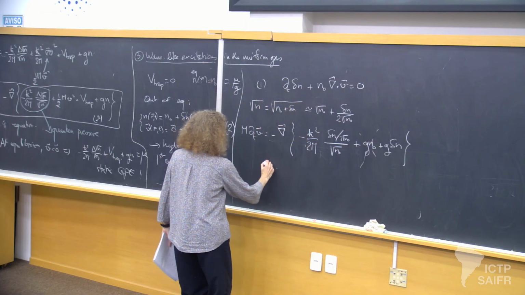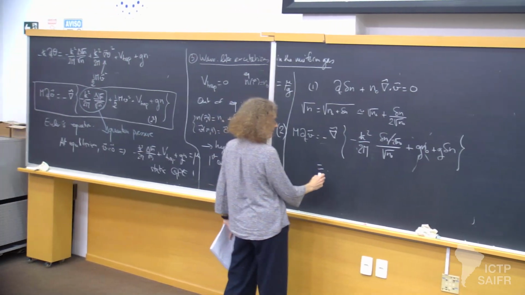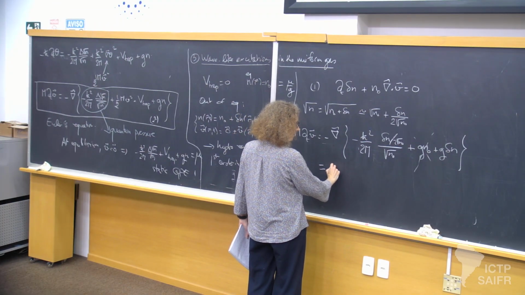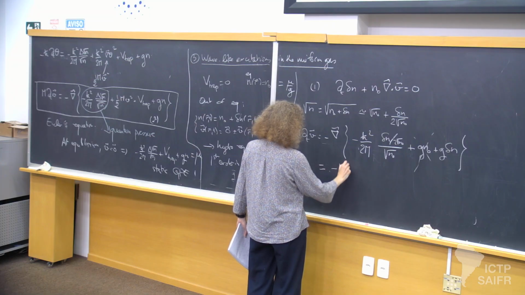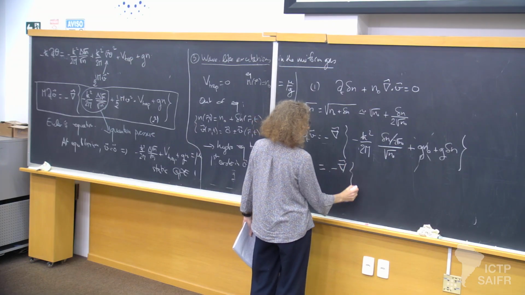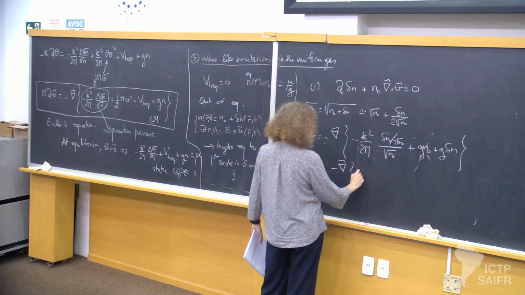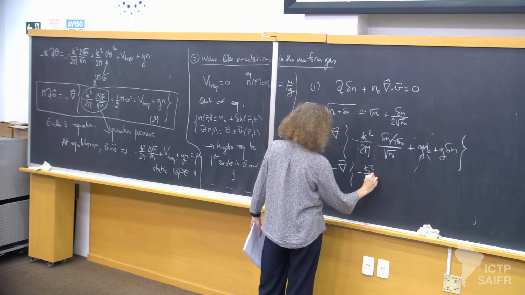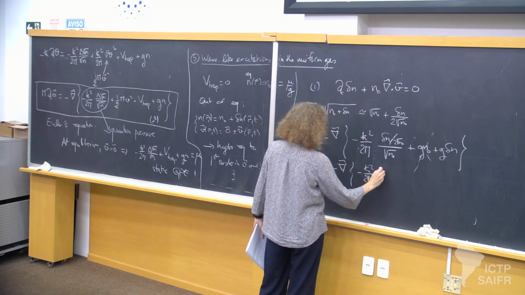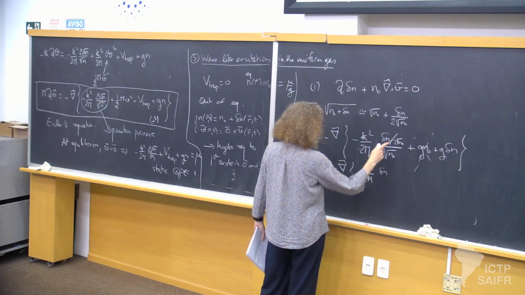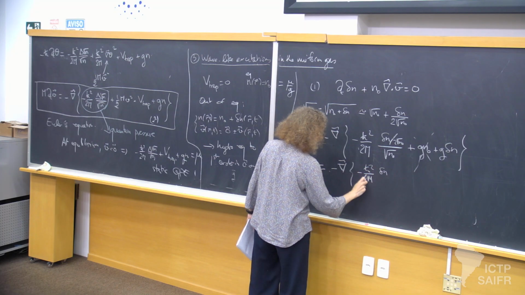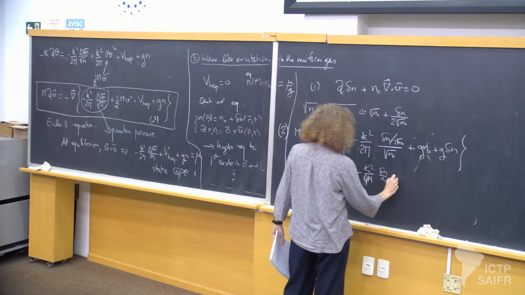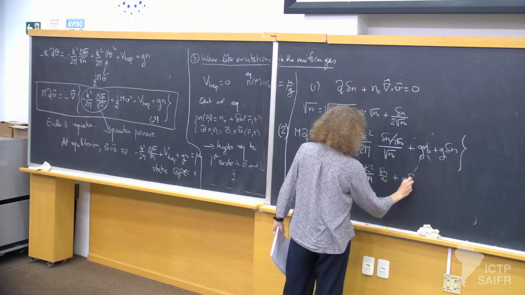So now if I replace again, I find that it is minus the gradient of minus h bar squared over 2m, Laplacian of delta n over 2 n0, so over 4m, delta n over n0, plus g delta n.